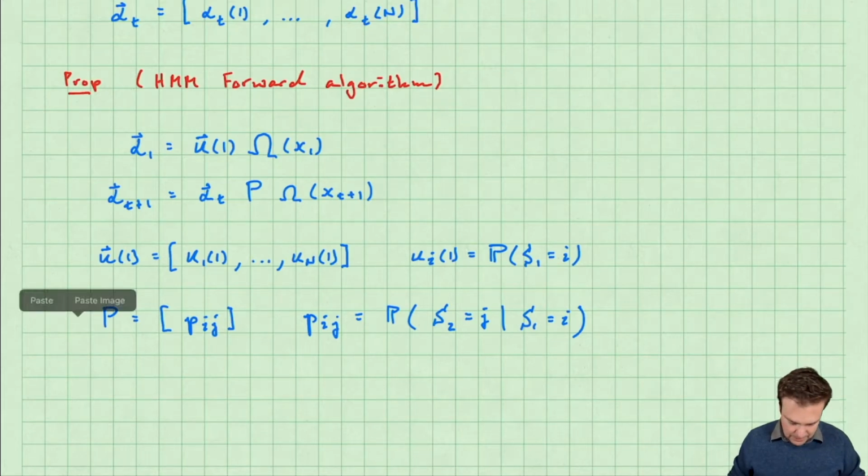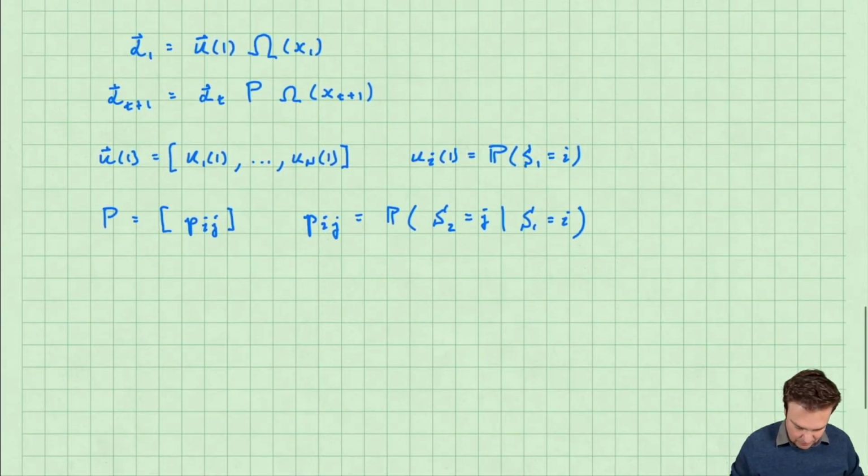All right, and then there's that matrix that I said I would define, and so it looks like this. The matrix omega, and then let's say it's evaluated at some time x sub t, little t. It's a diagonal matrix. And along its diagonal are things like this.